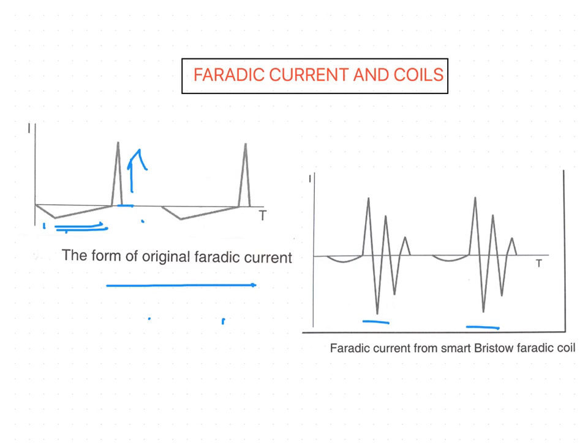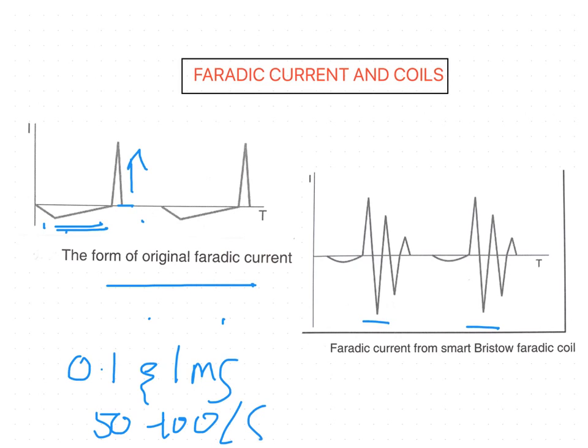These currents differ considerably in form, but the essential features are impulses of a duration of between 0.1 and 1 millisecond repeated 50 to 100 times per second. So these are the essential features for impulses.